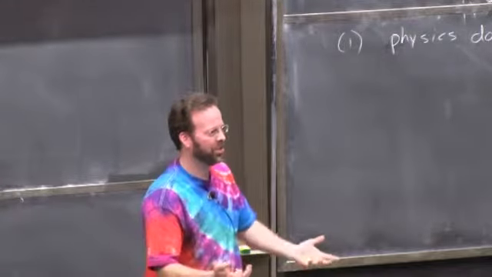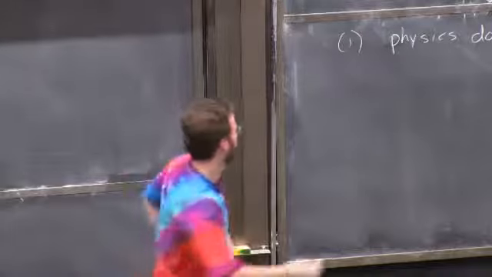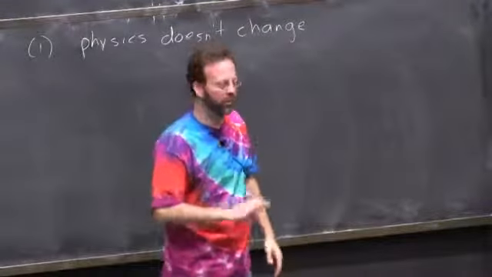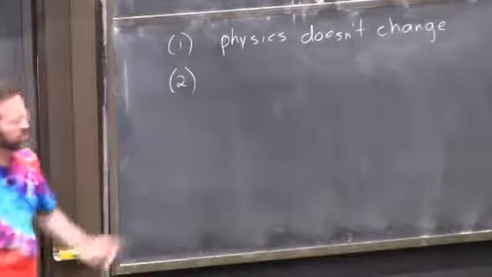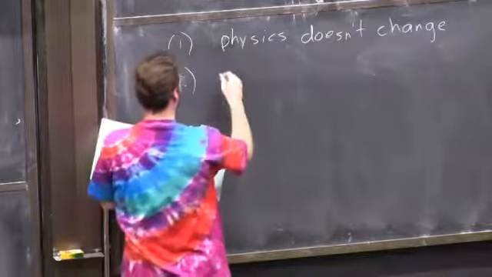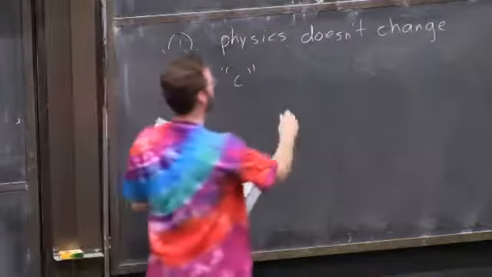Otherwise, gee, you switch to the train, and now what, there's no gravity? That'd be weird. Or velocity isn't distance over time if you're on an airplane? That would just be weird. That's not what we observe, so that's the first assumption. The second is what we just talked about. c, the speed of light, is a constant.